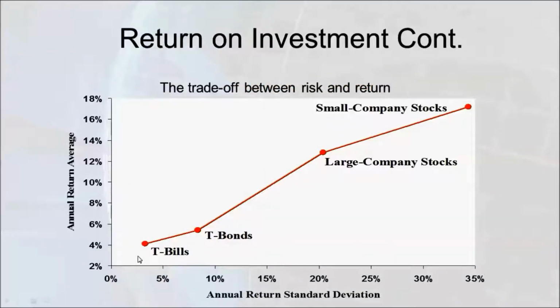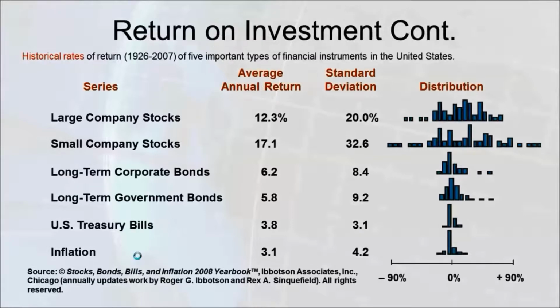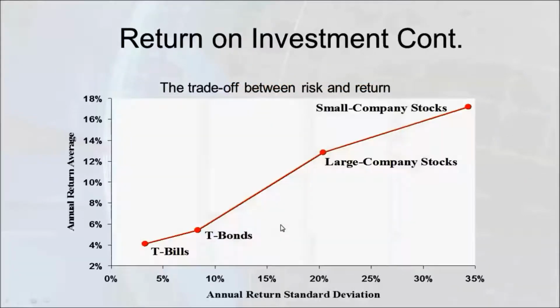So let's plot this risk and return using this historical information we just talked about. This is annual standard deviation, and this is annual average return.